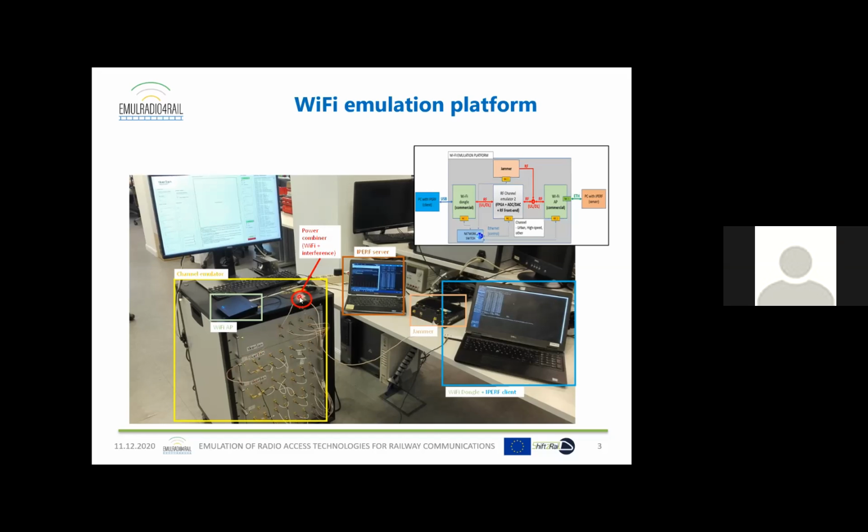The sum of these two signals enters the Wi-Fi access point, which reconverts the IP frames that in this case are sent into the server. This is the same chain as in the picture.